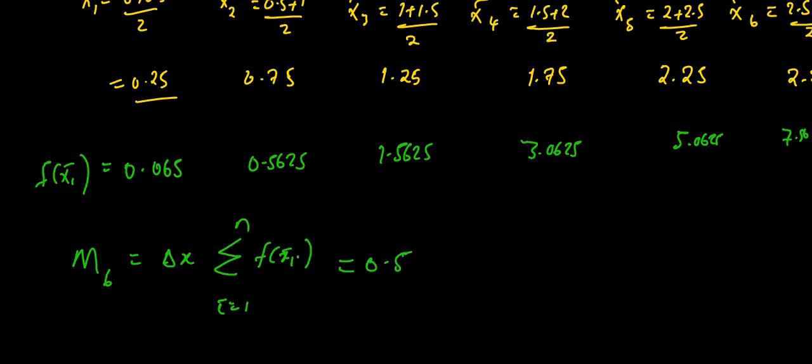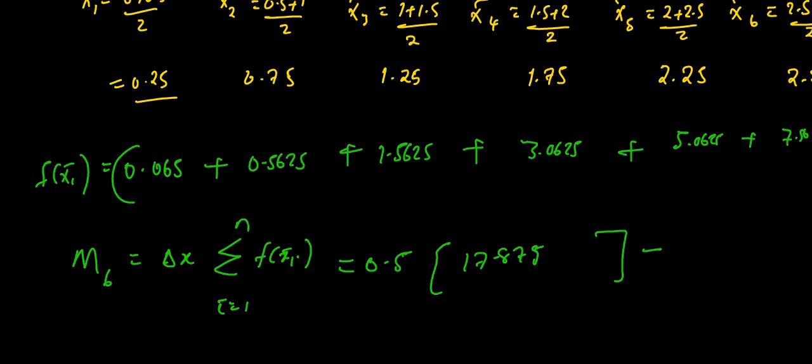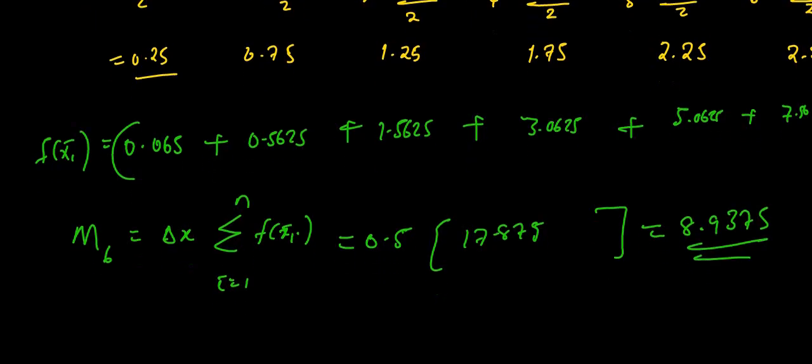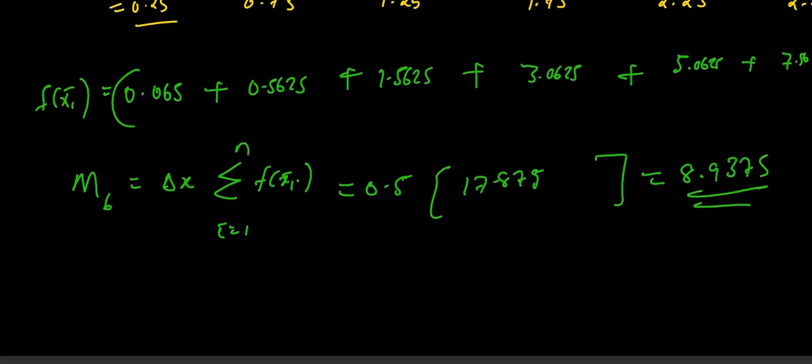If you sum them all up, you get 17.875. Multiply by 0.5, it gives you 8.9375. This is an approximation, and this is what you get as the area. You put units squared. So this is how the midpoint rule works.